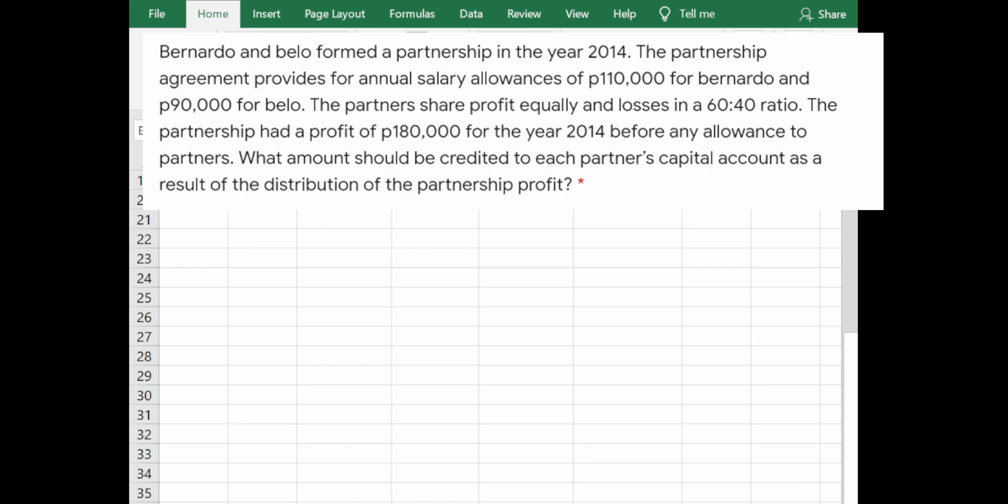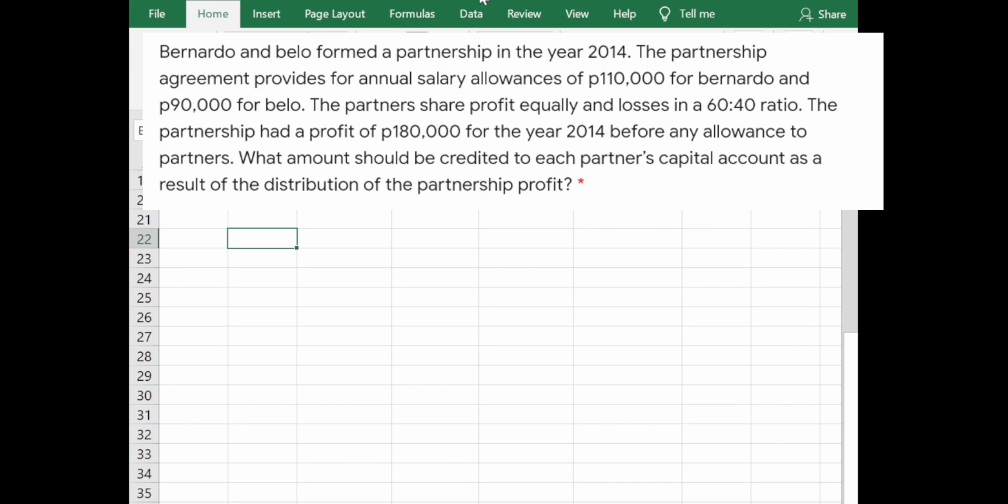Okay, so for the next problem, Bernardo and Bello formed a partnership in the year 2014. The partnership agreement provides for annual salary allowances of 110,000 for Bernardo and 90,000 for Bello. If there is a salary allowance, it is not an expense but a way of distributing the income of the partners.